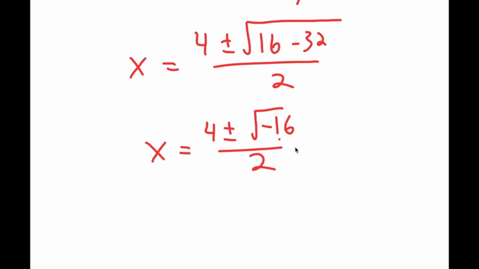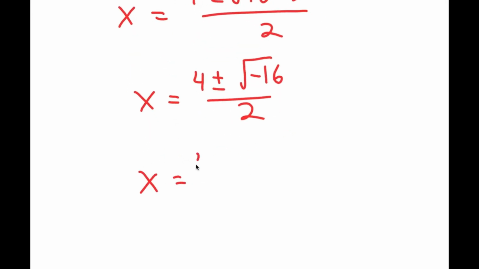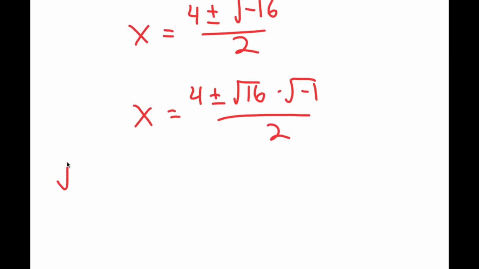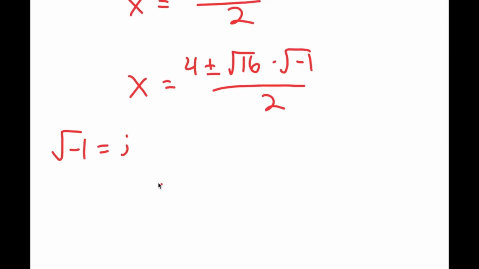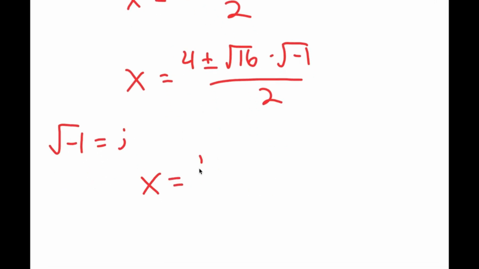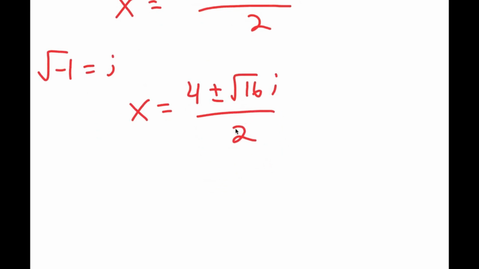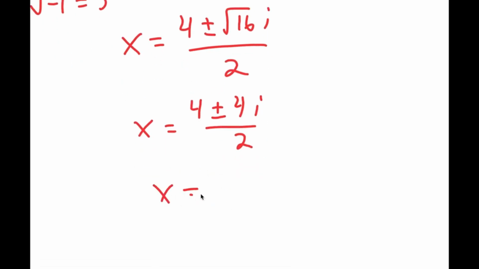So now, the square root of negative 16, I can rewrite that as the square root of 16 times the square root of negative 1, over 2, and the square root of negative 1 is equal to i. So I get x is equal to 4 plus or minus the square root of 16 times i over 2, and the square root of 16 is equal to 4, so I get x is equal to 4 plus or minus 4i over 2, which turns into 2 plus or minus 2i.